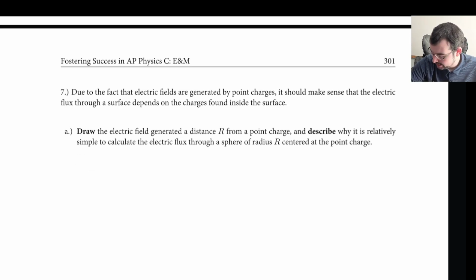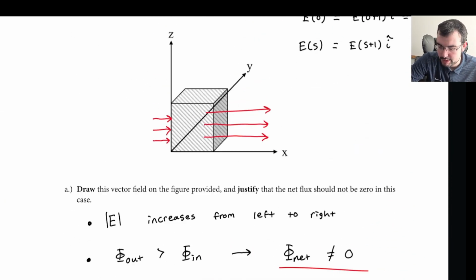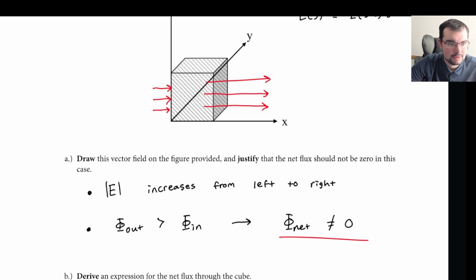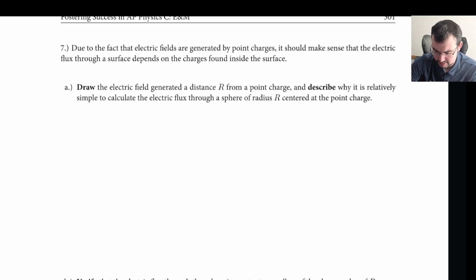And now we'll try to connect this with point charges. So we had a connection between magnetic fields and the flux because we said these bar magnets, or just any sort of magnetic field, always had this curling back around effect. So we knew there's never going to be a net flux through a surface.